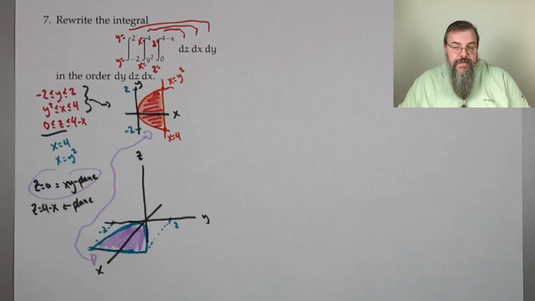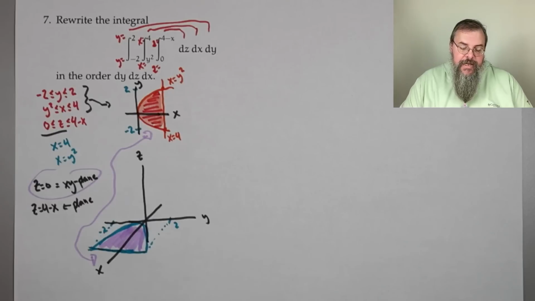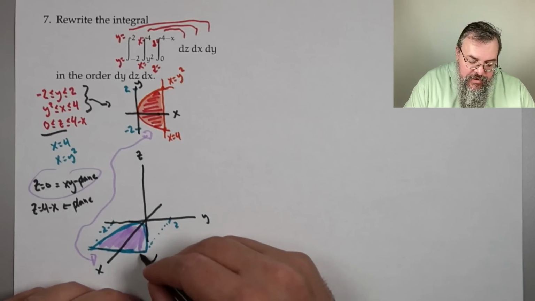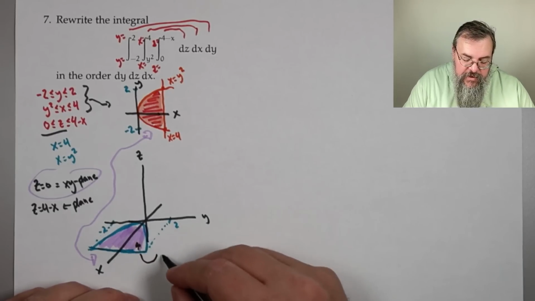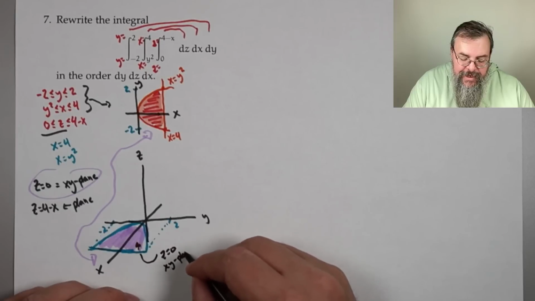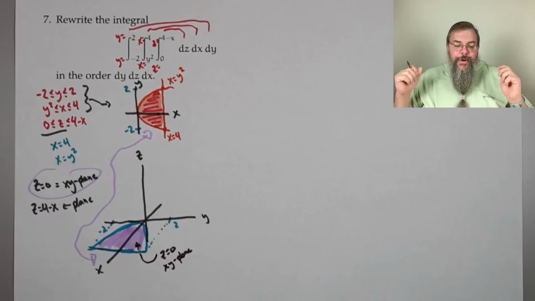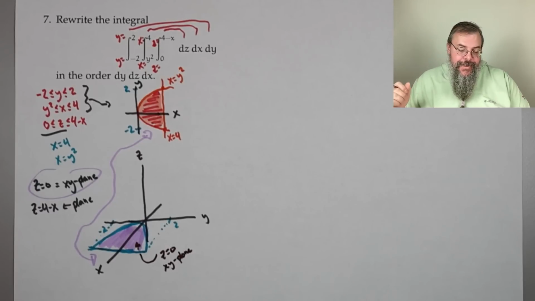And so the bottom looks like the bottom. So the shaded part is indeed the bottom. And okay, so we can just mark sort of the back side. Here we have z equals 0, the xy plane. And now what's the top? Okay, so what does z equals 4 minus x look like?